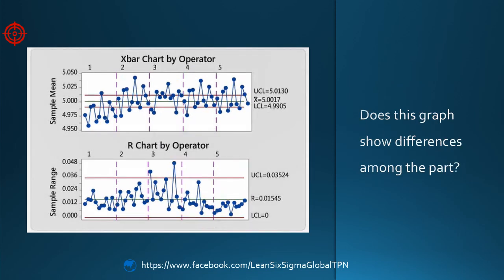So does this graph show differences among parts? Yes, many points are above the control limits, indicating differences in the part measurements. However, operator 1 has somewhat lower measurements than the other operators.